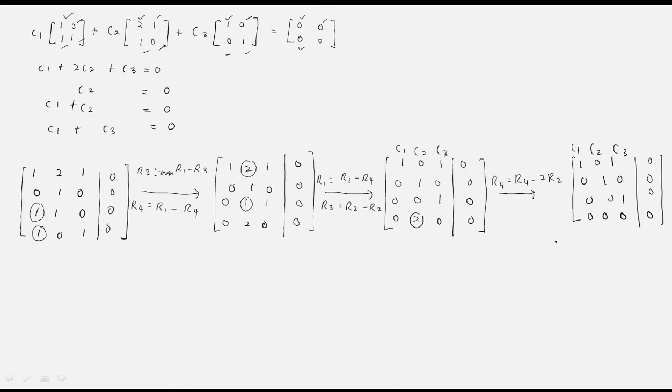So from here we get that C1 equal 0, C2 equal 0, and then C3 also equal 0. Okay, trivial solution.